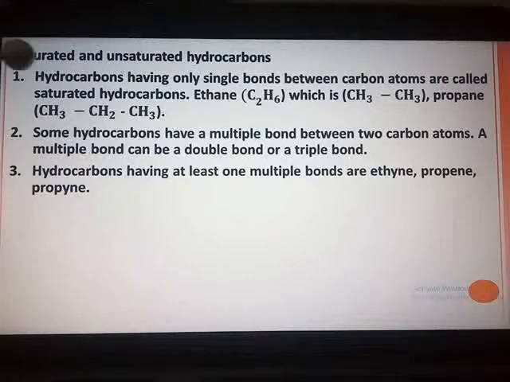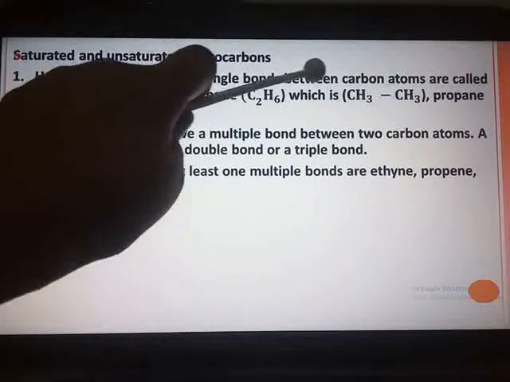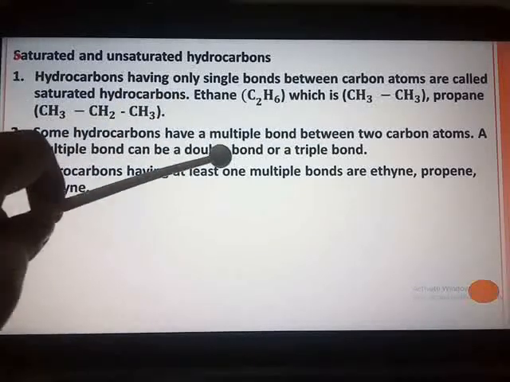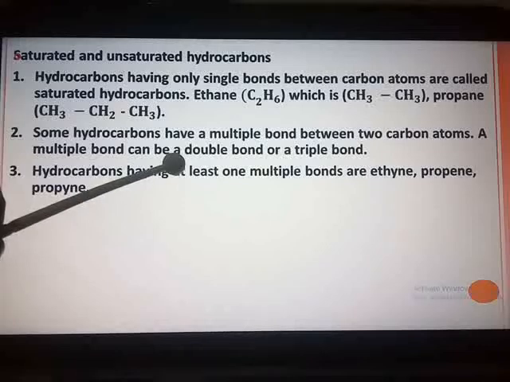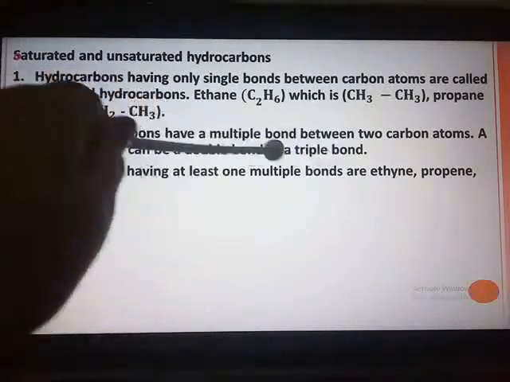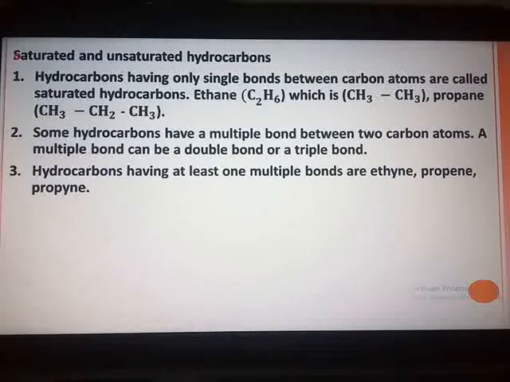So hydrocarbons which have only single bonds between the carbon atoms, they are called as saturated hydrocarbons, and hydrocarbons having a multiple bond between 2 carbon atoms is called as unsaturated hydrocarbons. Now here the multiple bond, it can be a double bond or it can be a triple bond. Just now you have seen methane. Just we will go back to its structure.